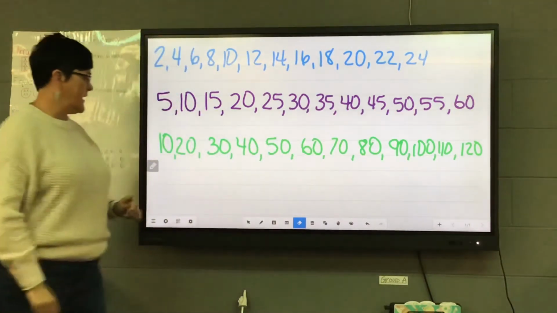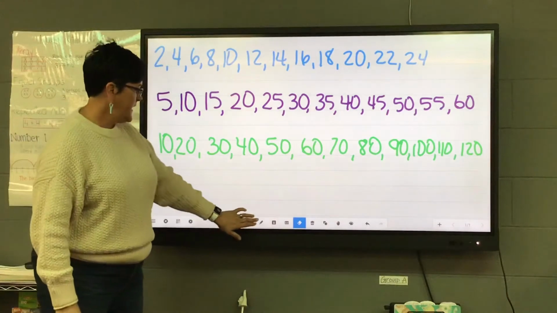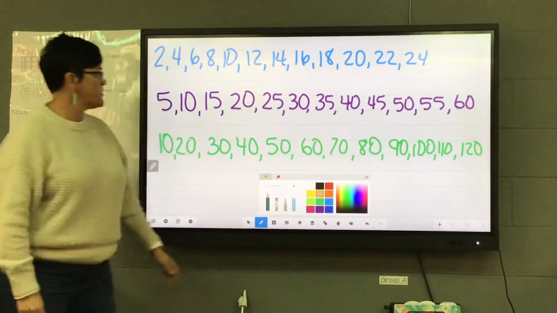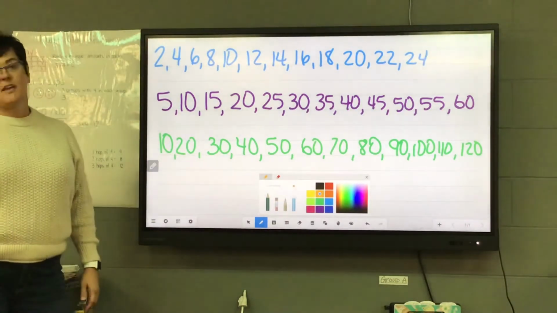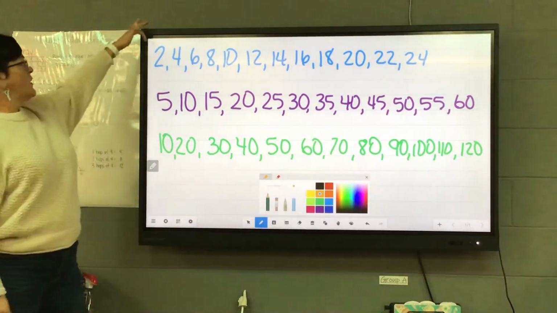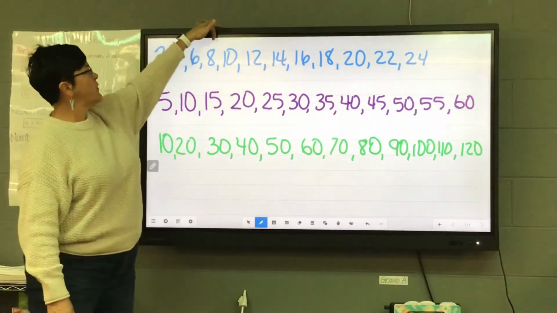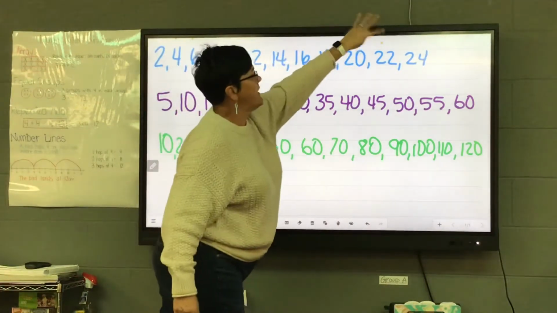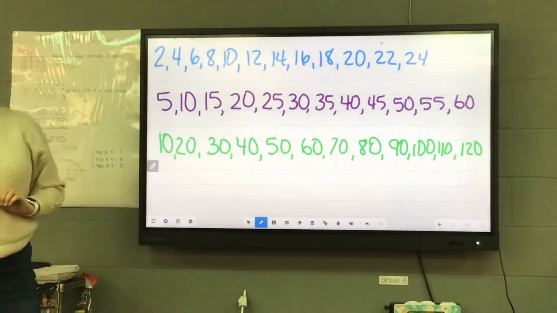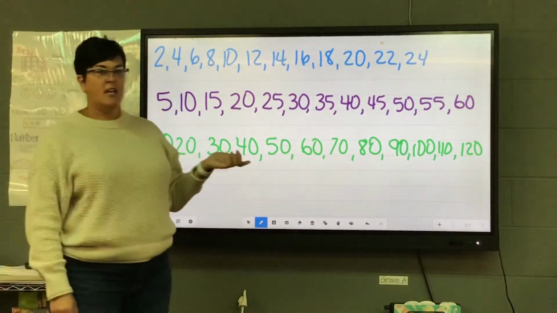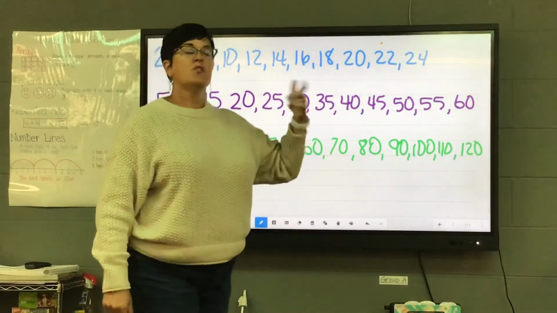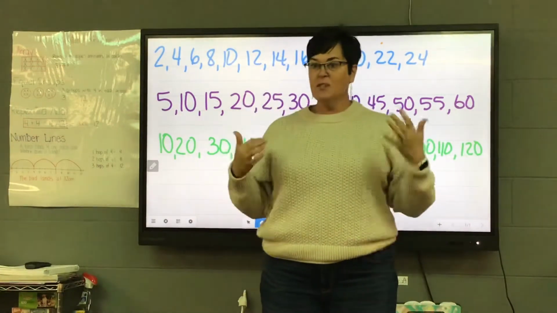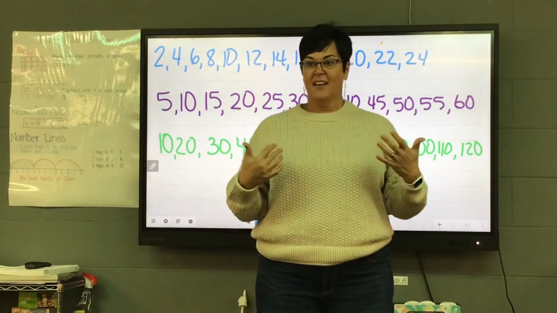What if I need to find out what 2 times 11 is? 1, 2, 3, 4, 5, 6, 7, 8, 9, 10, 11. 2 times 11 is 22. So do you see how when we skip count, we're actually multiplying in a way as we're counting?